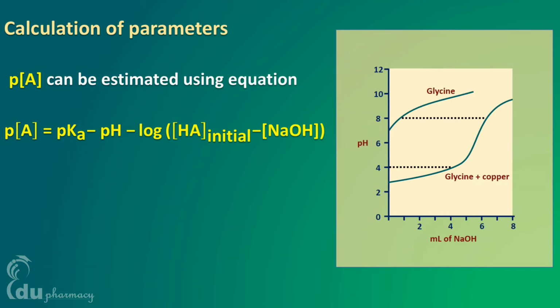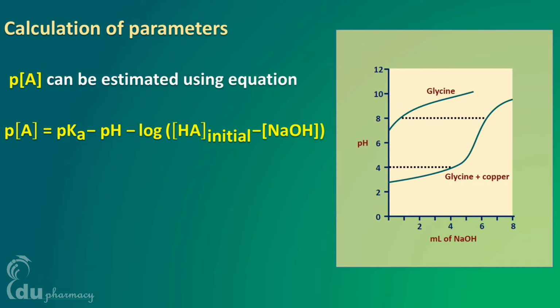Here, pA is related to the concentration of ligand bound, pKa is related to the dissociation constant of ligand glycine, the pH value where n is equal to 1, and HA initial is the concentration of glycine at the initial stage. Here, the concentration of sodium hydroxide is the horizontal distance, expressed in terms of moles per liter at that pH.